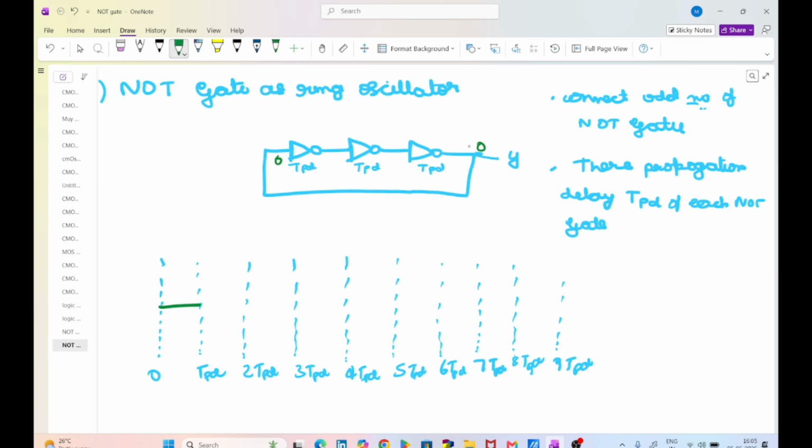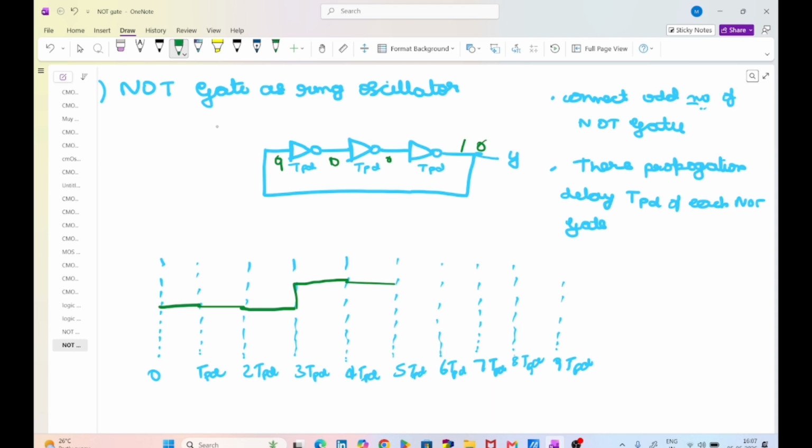Then if it becomes 1, the output is still 0, until 2 TPD, and then it will become 0 and the output is still 0. Then it becomes 1, and then the output is 1. When the input is 1 in the second TPD, the output is also 1.